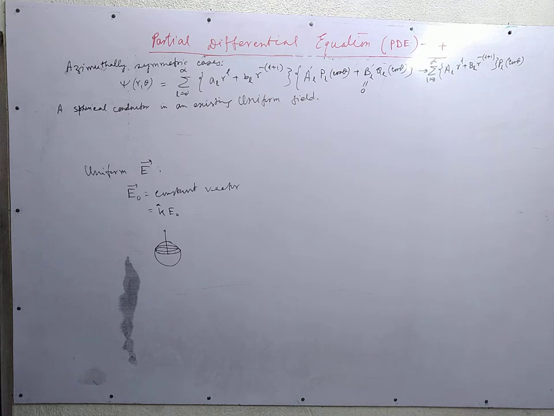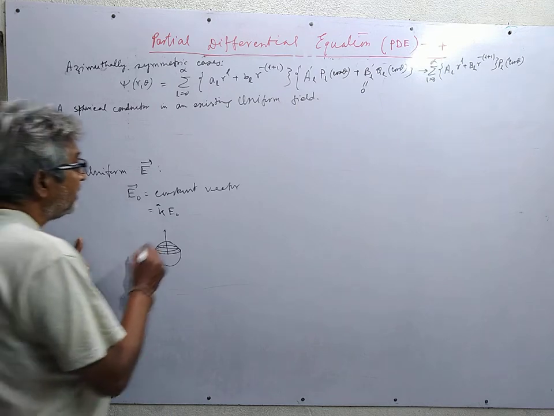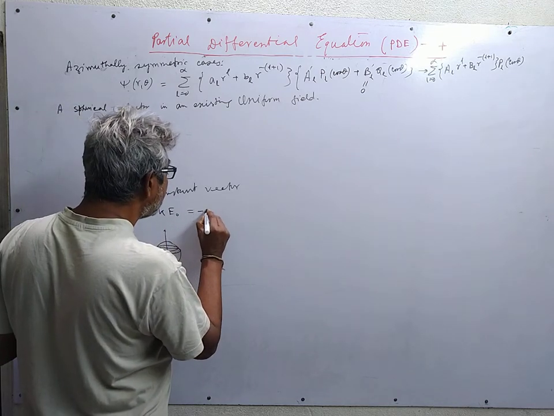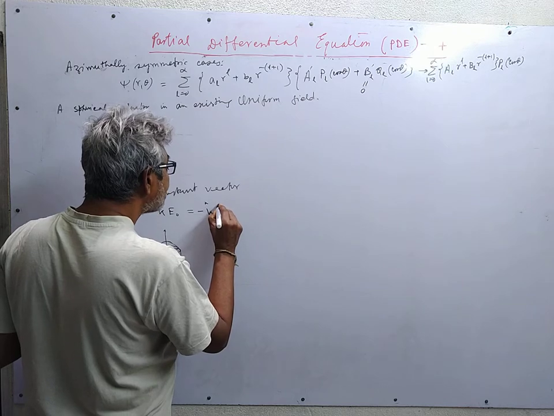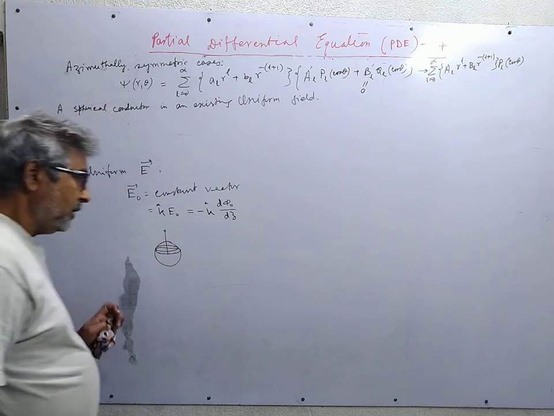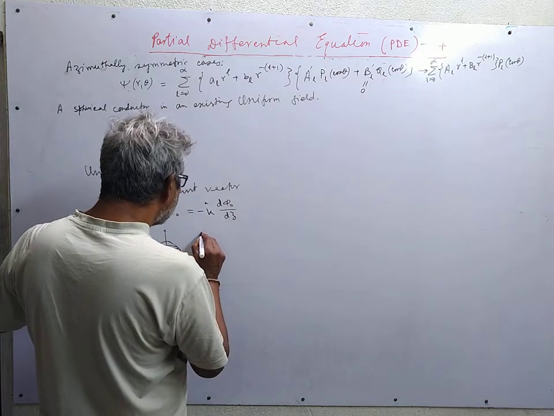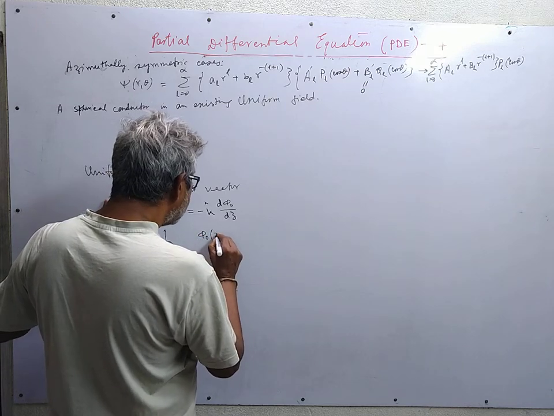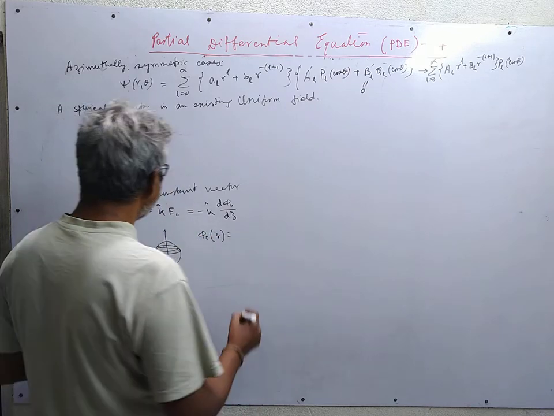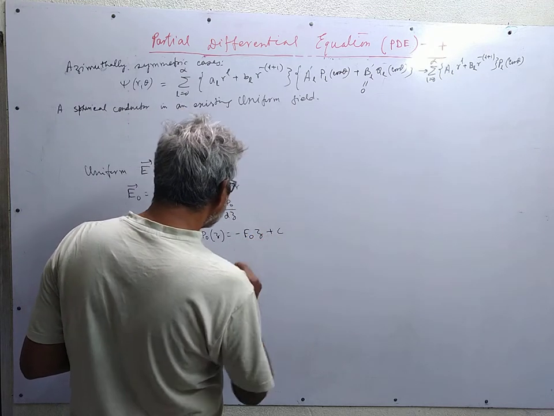So we choose this to be the constant electric field, and if we write this in terms of potential, this should be minus del psi 0 del z, because E0 has only z dependence, and the potential representing E0 is written as this. If we integrate this, we get psi 0 of z is equal to minus E0 z plus some constant c.